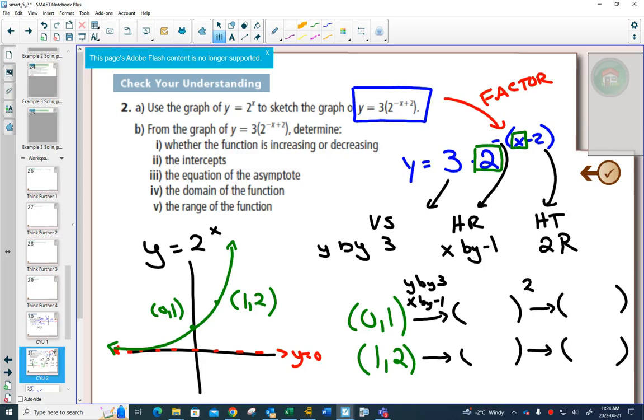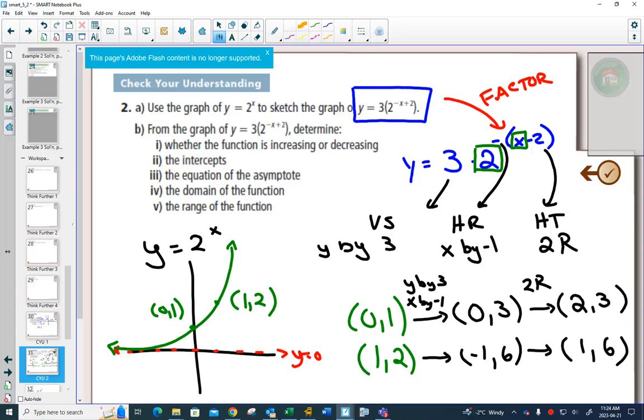And for our translations, we just have the 1. It's moving 2 to the right. So now I can do the mental math. I'm going to have 0, 3, and negative 1, 6. Move it 2 to the right, 2 comma 3, and positive 1 comma 6. Those will be my new points.